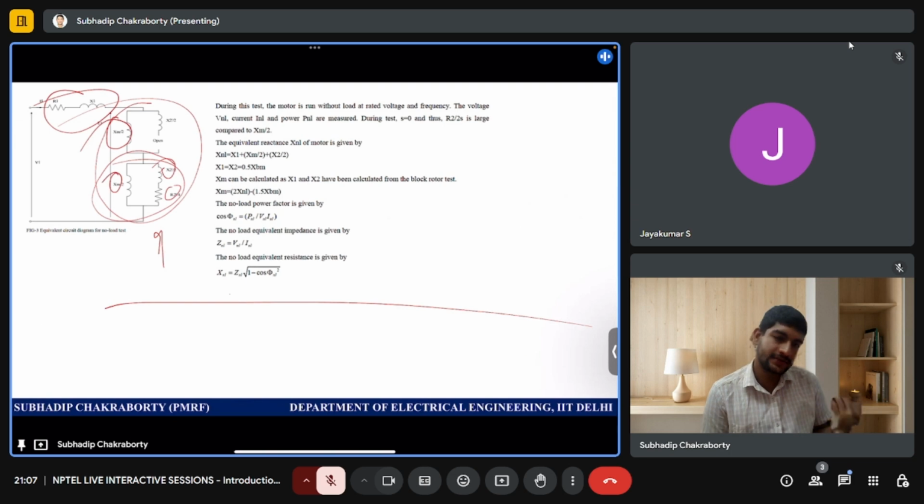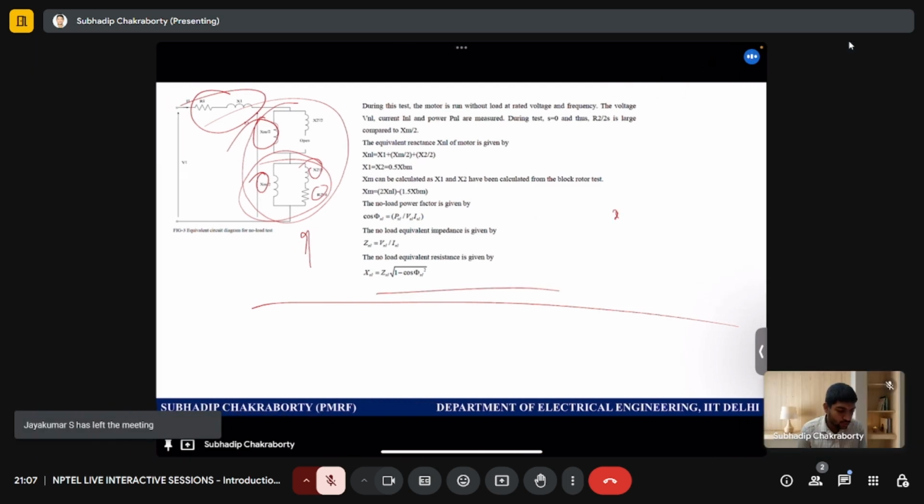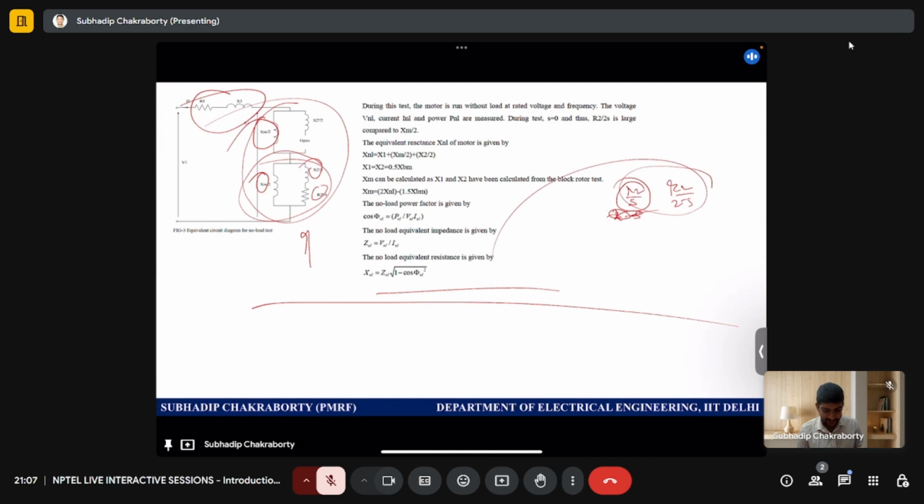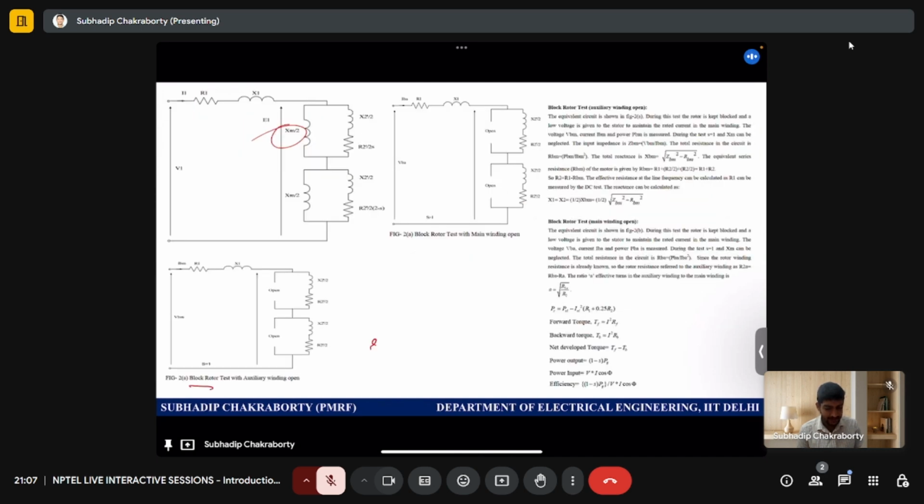So XM we calculate using the no load test, similar to that of the transformer, but with the R2 by 2 minus S and R2 by 2S terms. So just see what will dominate. In block rotor test you have high slip, and the slip is 1 at standstill, so these terms are dominating, right?